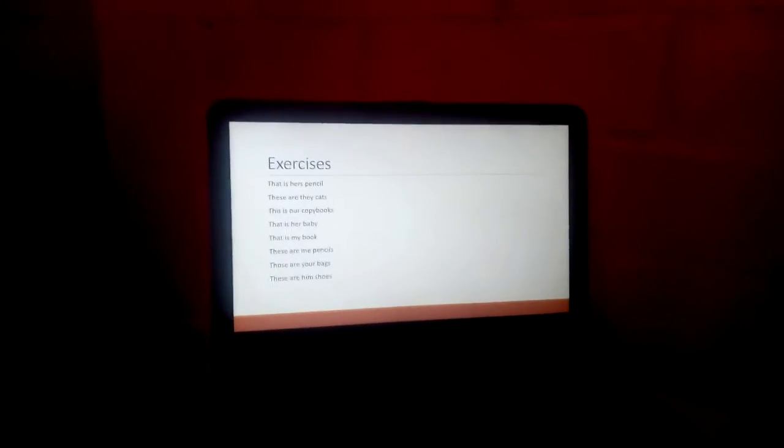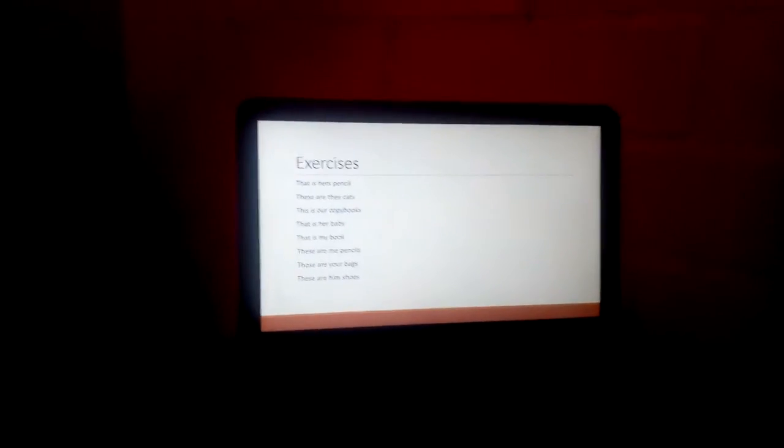So now we have another exercise. Take a look. Read all the sentences first. Just read silently.